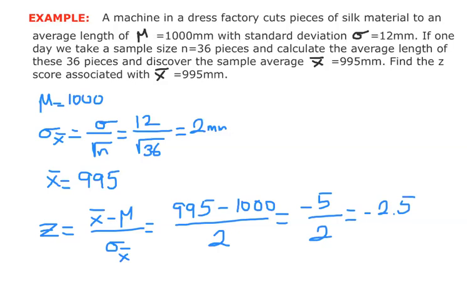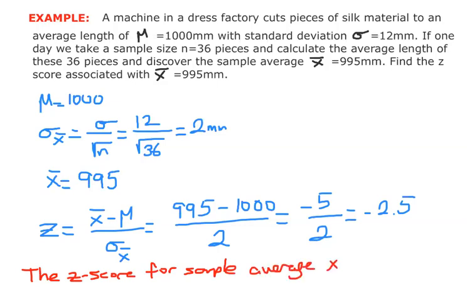So you can say that the Z score for the sample average x bar equal to 995 is equal to negative 2.5.